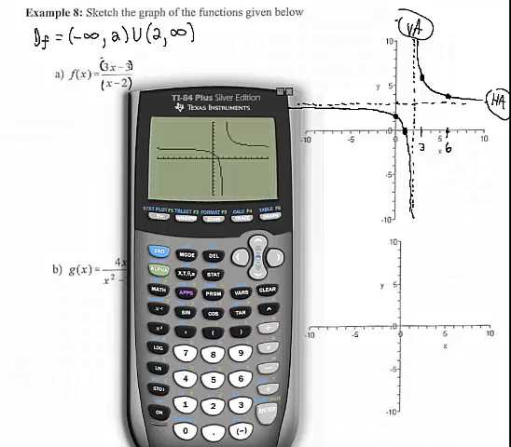and we see, if we count on the x-axis, we have 1, 2, 3 and so it looks just like our vertical asymptote that we plotted here at x equal 2.